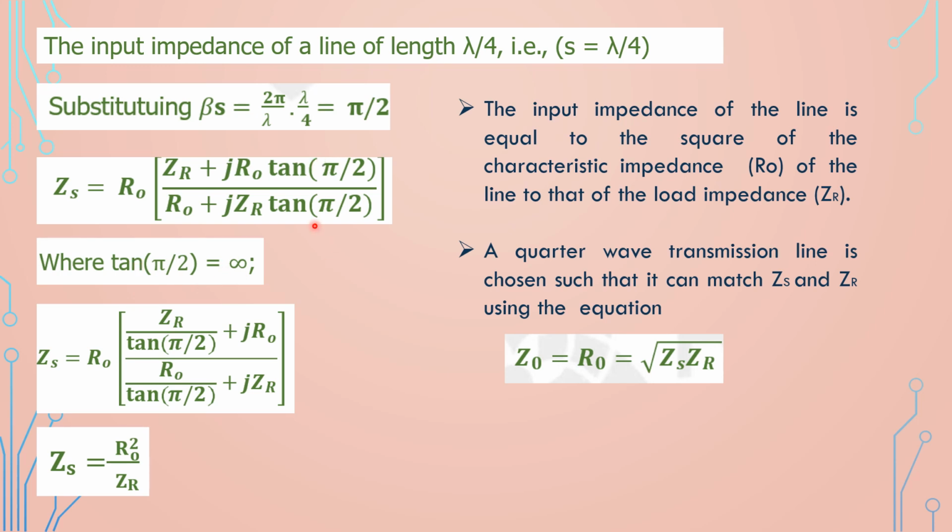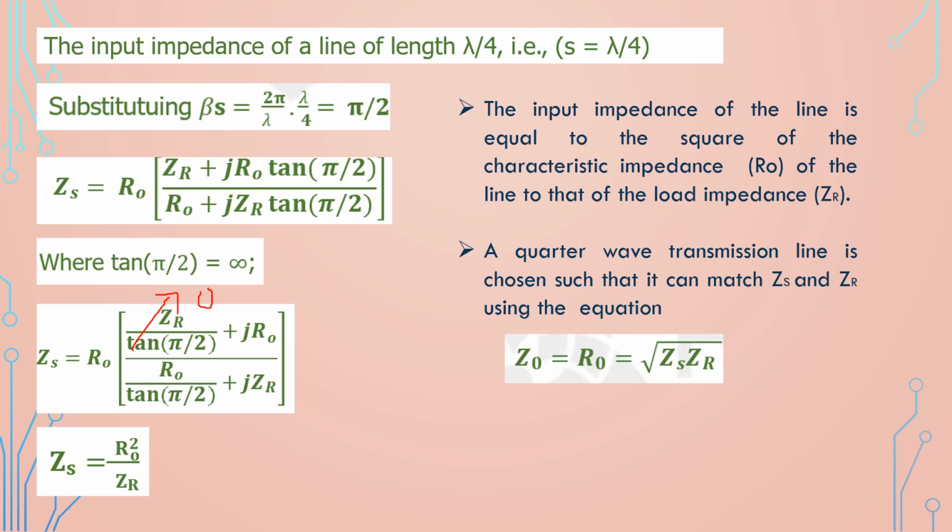I cannot directly apply infinity here, so I divide the numerator and denominator by tan pi by 2. I get Zr by tan pi by 2 plus jR0, divided by R0 by tan pi by 2 plus jZr. Anything divided by infinity becomes 0. So what am I left with?